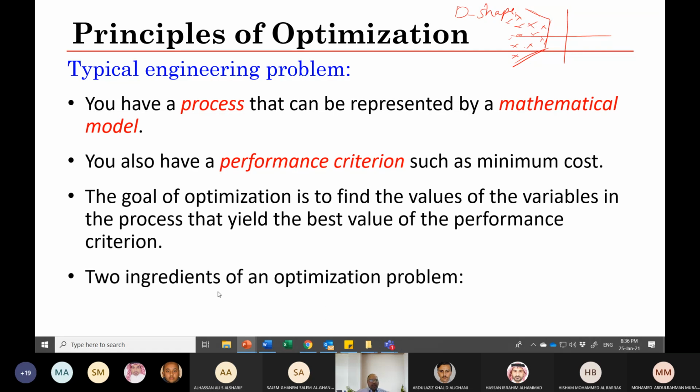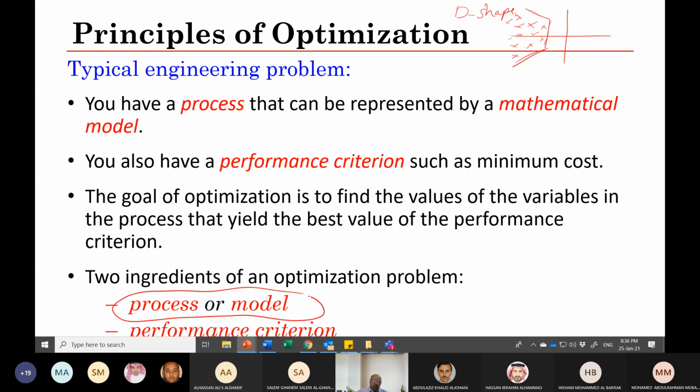And there are two ingredients of an optimization problem, two major components, which is the process with its, of course, constraints. And this process involves several constraints. So you need to minimize a performance index or maximize a performance index under these constraints.